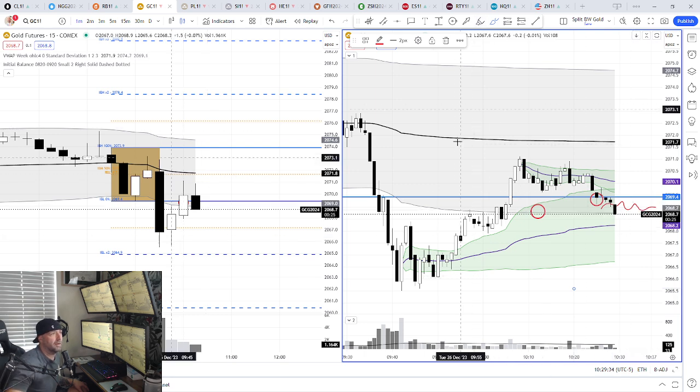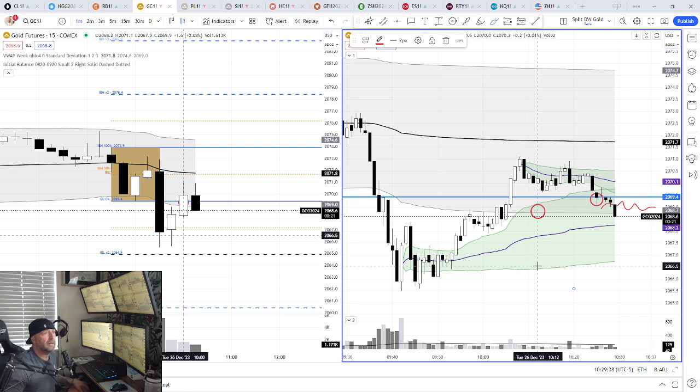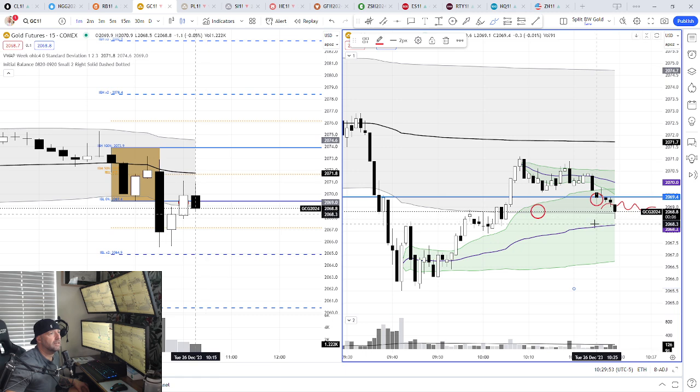And remember, we're below initial balance. Everybody who bought in the first hour of the session is now underwater. I like the short here, but I don't want to short right into VWAP.